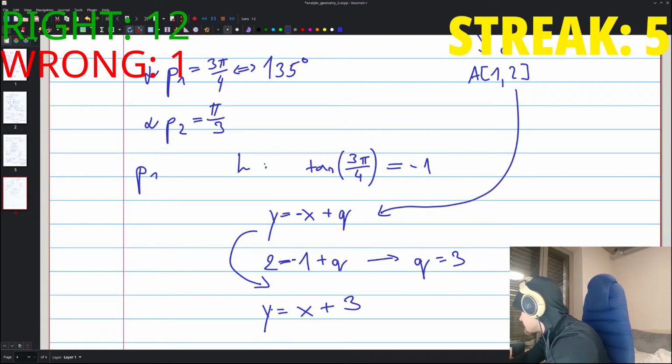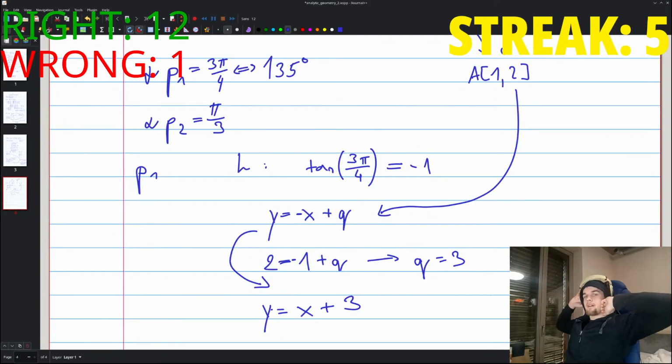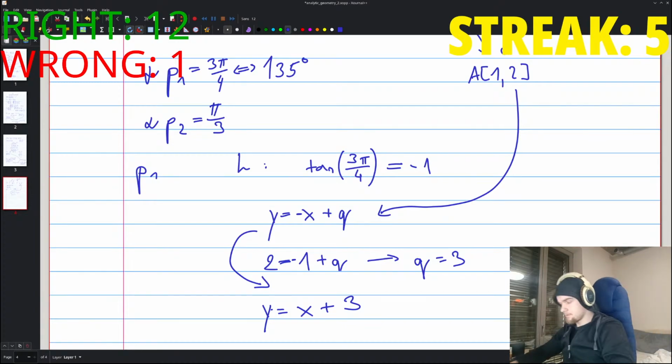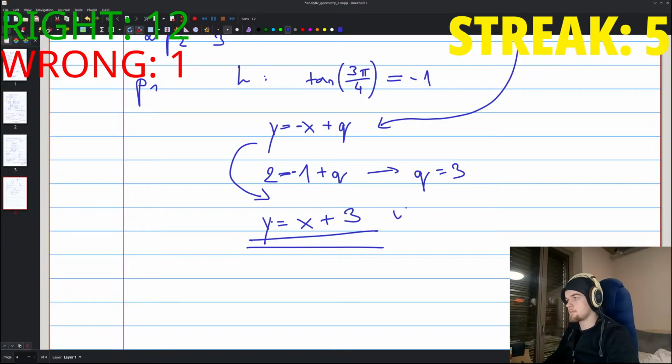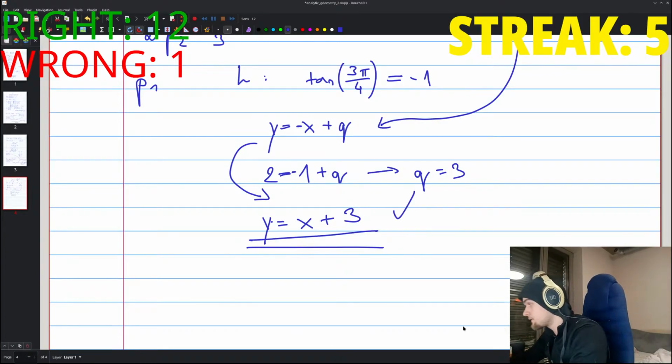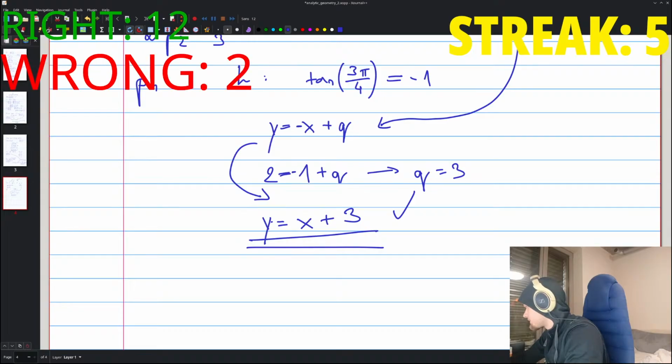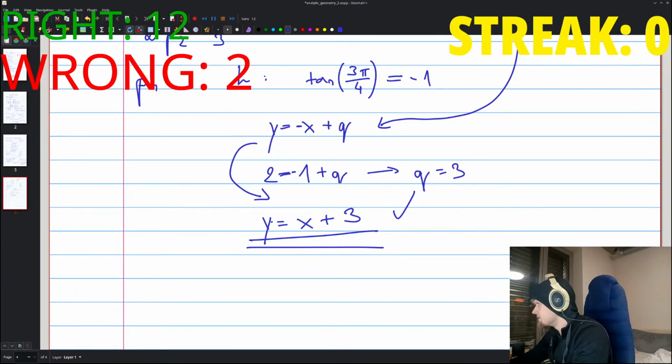Yeah, it's 90 plus 45, that's 135, yeah. So this is the correct solution. So if I was not careless, I would get it on the first try, but unfortunately, this reset the streak. Zero. Tragedy.